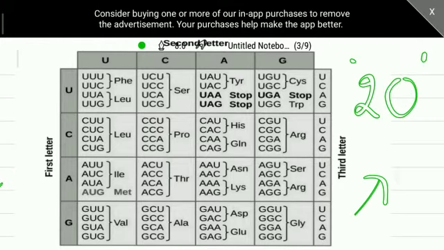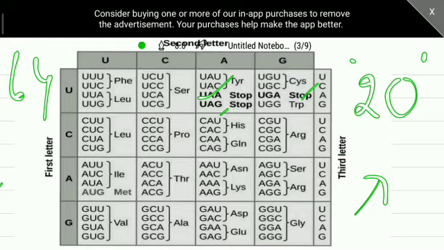Now you could ask, how many codons are there? Each block contains 4 codons, and 16 times 4 is 64. So 64 codons are there. Out of the 64 codons, 3 codons, for example UAA, UGA and UAG, are stop codons.